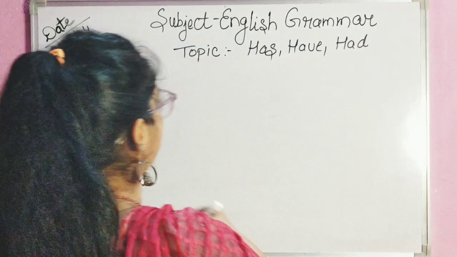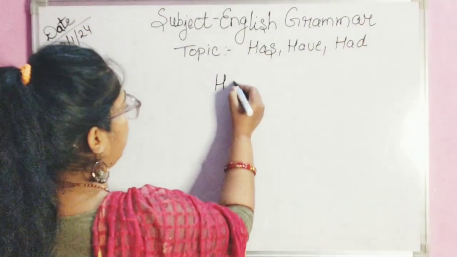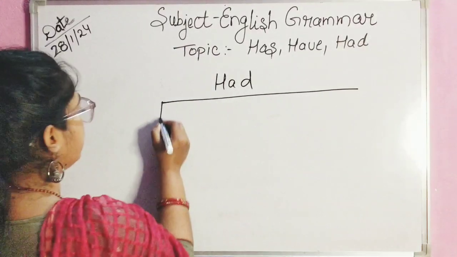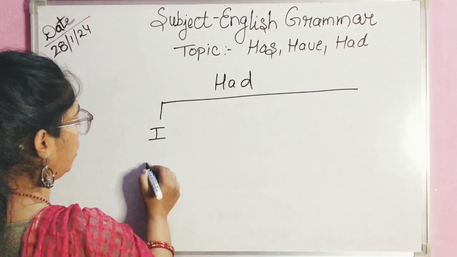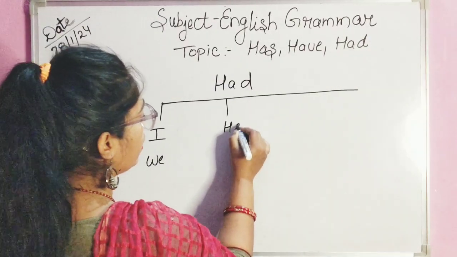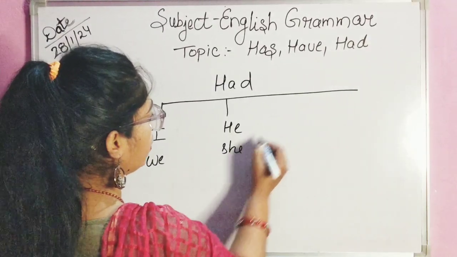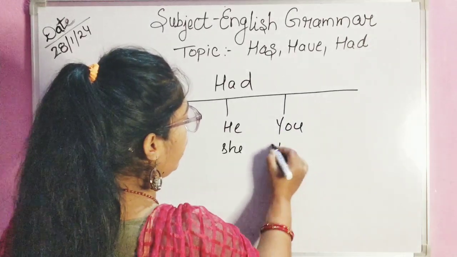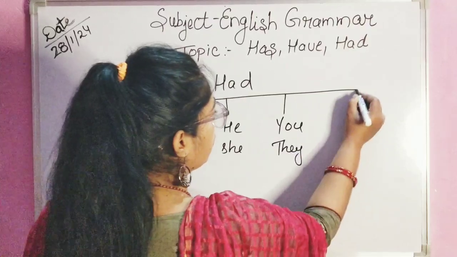Okay. Had. Okay. Had is used with I, we, he, she, you, they, it.